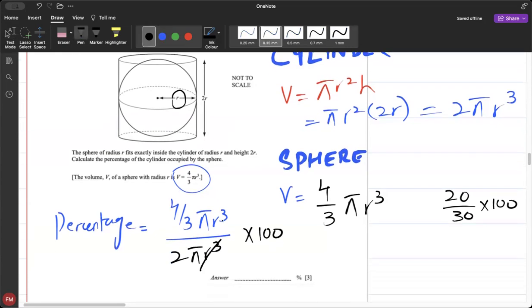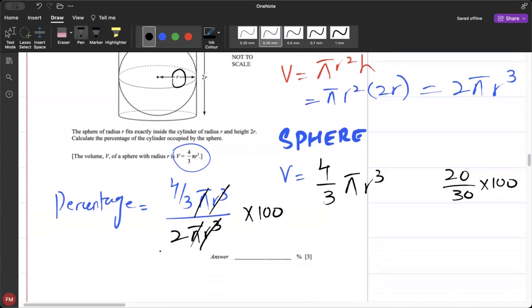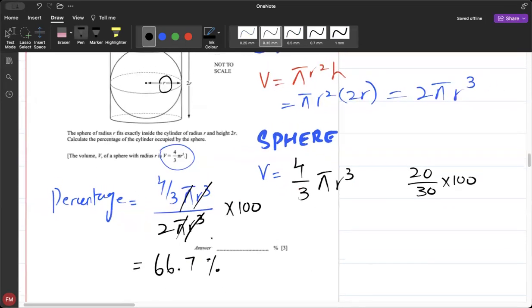If that is the case, r cubed and pi cancel out. Similarly, if you start simplifying this, I'm just going to use a calculator because that is allowed. So this ends up giving you 66.666666, which I can write down as 66.7%. That's it. You see how easy this is?